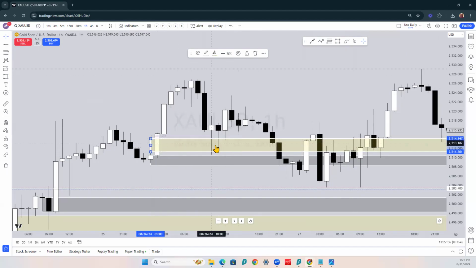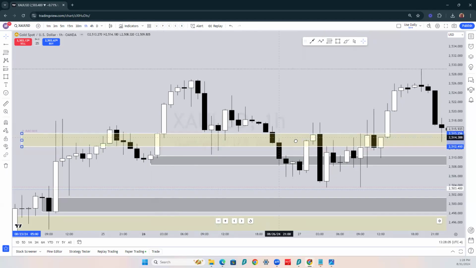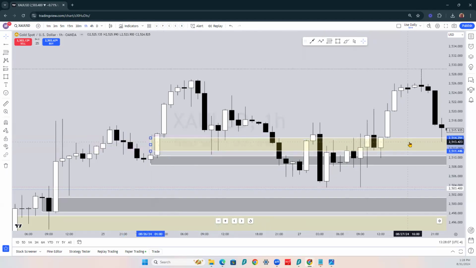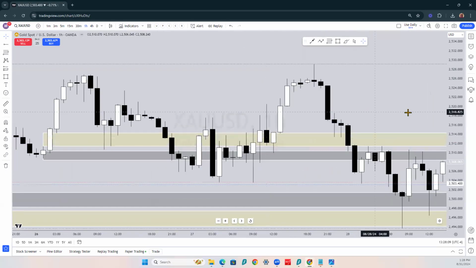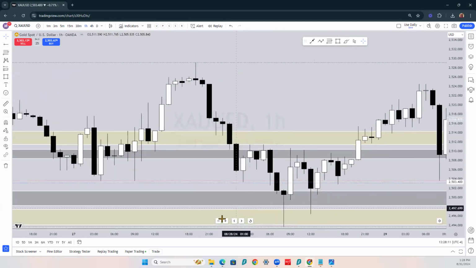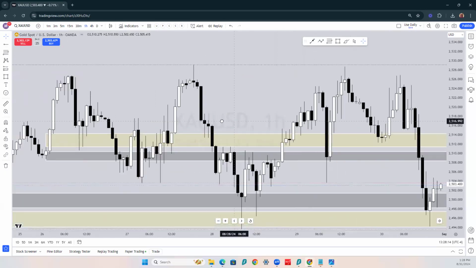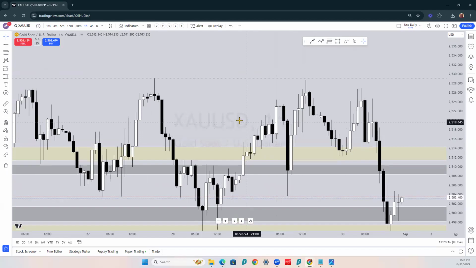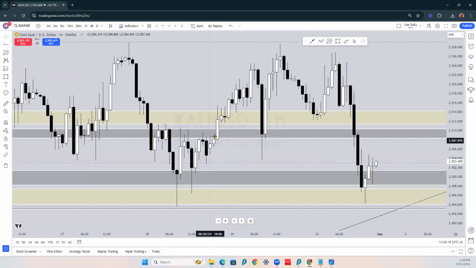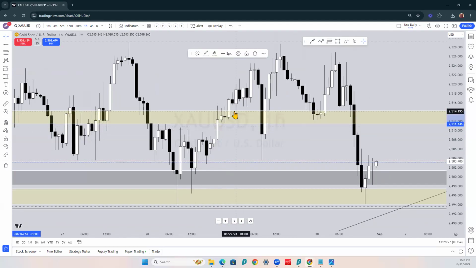So whenever you see this happening, okay, these are the areas that you want to pay attention to when the market comes back and fills those gaps. So definitely practice looking for these gaps. Okay, you see this? Delete this so you can see this gap right here.